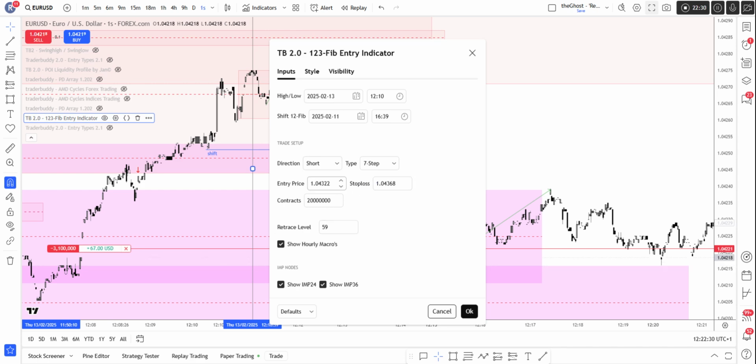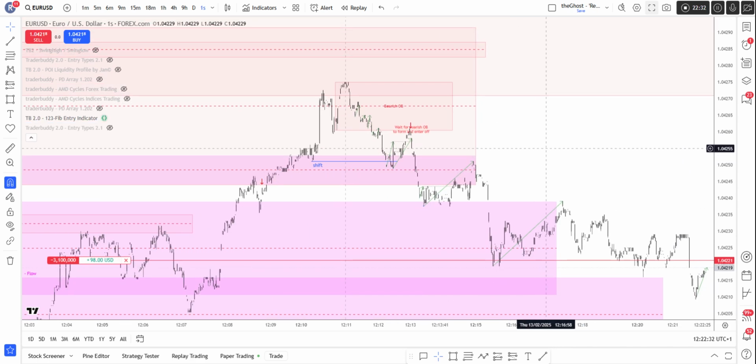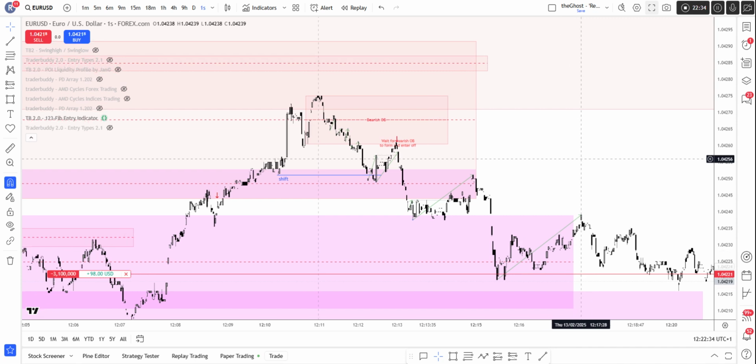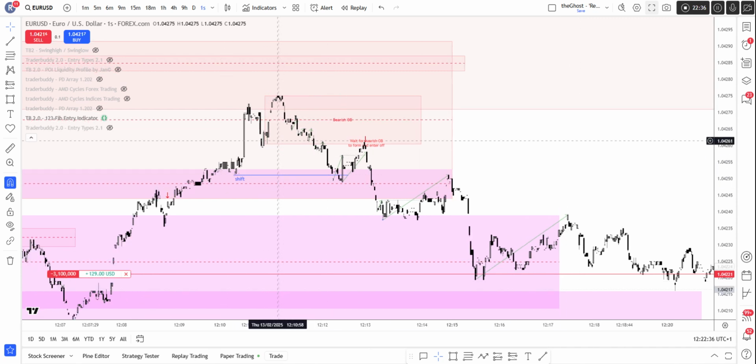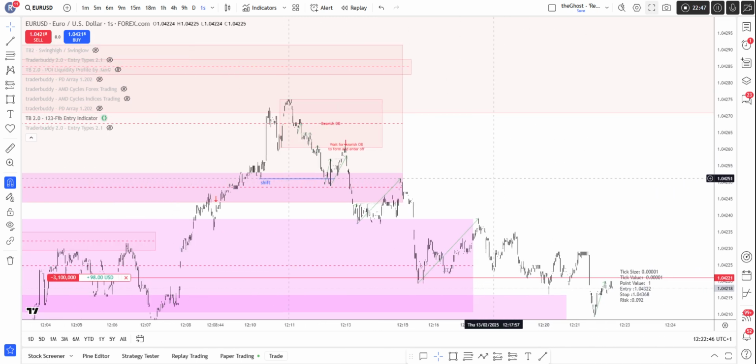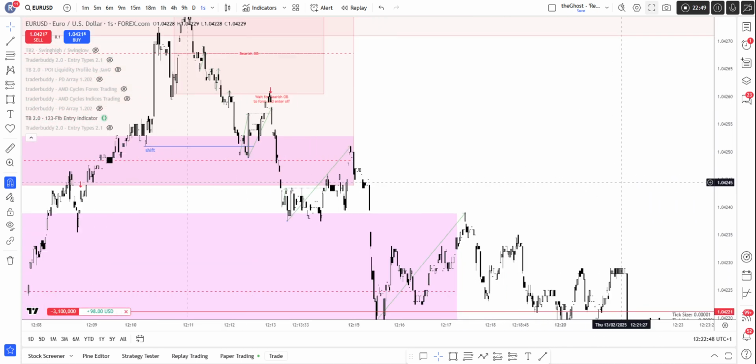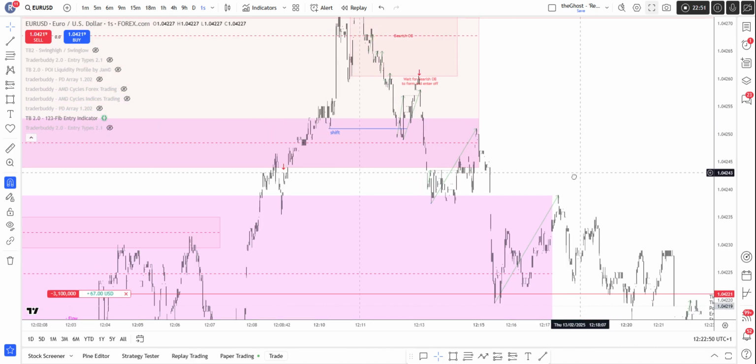We want to see a short. Okay. So, well, here's the indicator telling us that as of now we need to look for a bearish OB to form where we can trade off. Well, did we have a bearish OB formed?